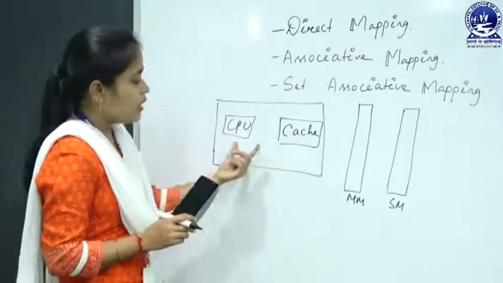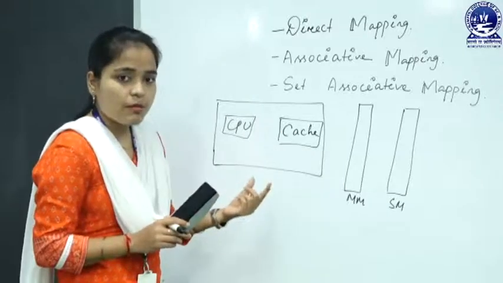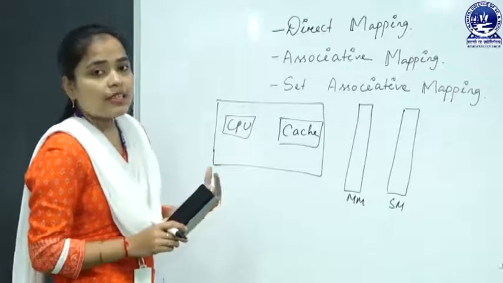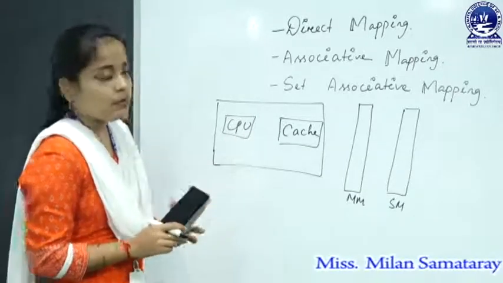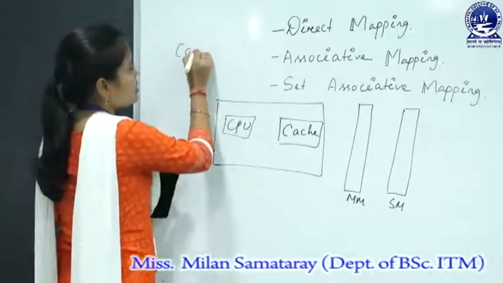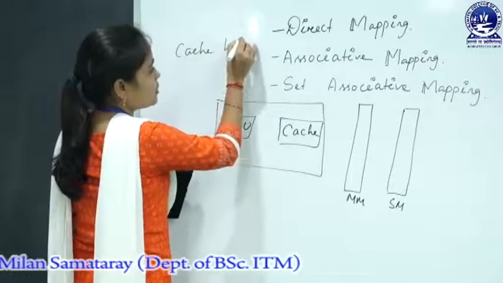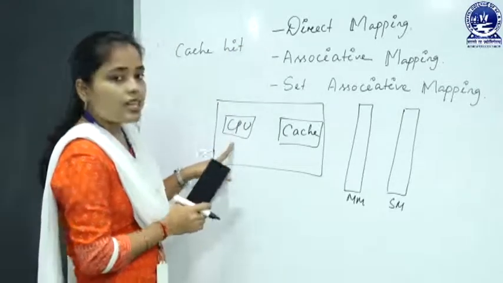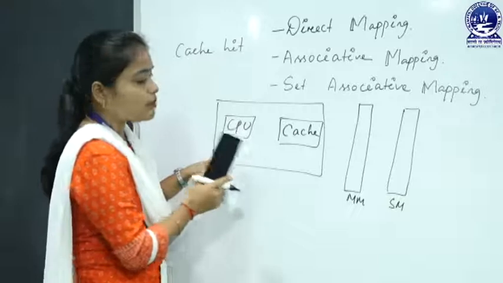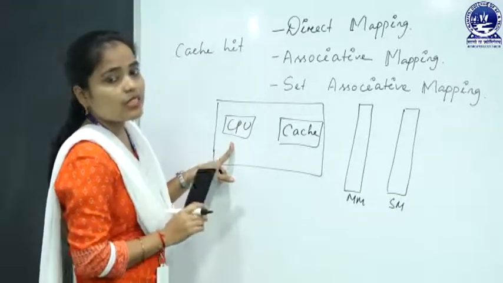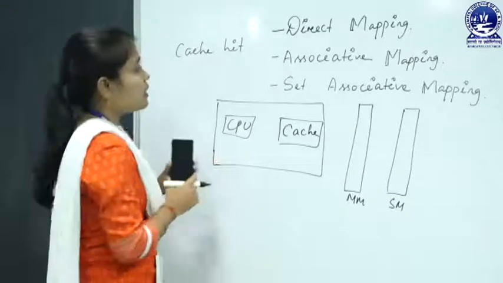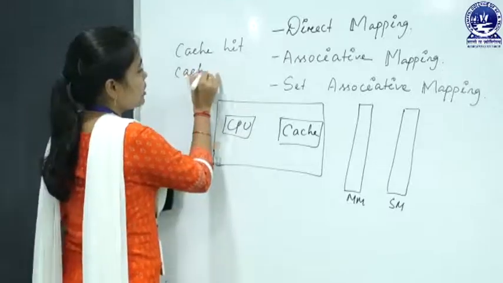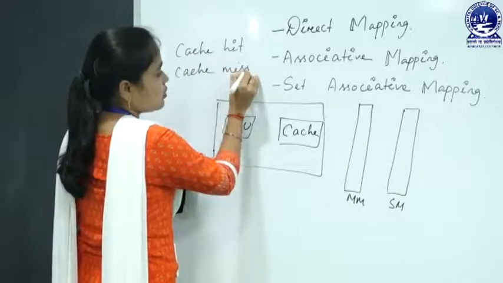When the data is present in the cache memory, that is called a cache hit. But when the data which the processor needs is not present in the cache memory, that is called a cache miss.